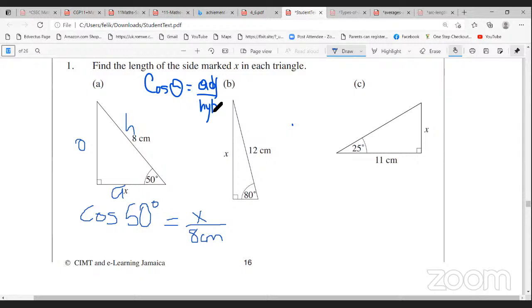Students often forget what the cosine formula is. We're going to times by 8, like cross multiply, miss. Put it over one.